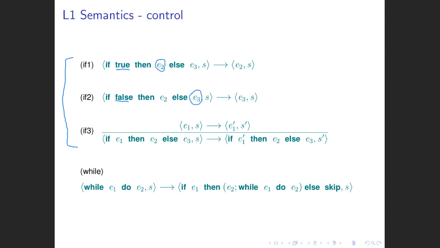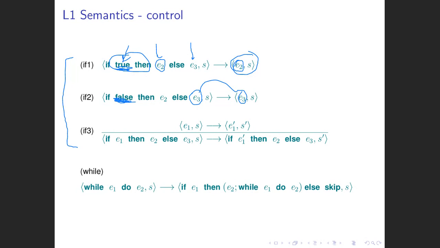An if statement takes three sub-expressions, one here, one here, one here. And if this one's true, then you're going to replace it with the first expression. If it's false, you're going to replace it with the else expression. Those are the base cases. That's if you know the Boolean value.